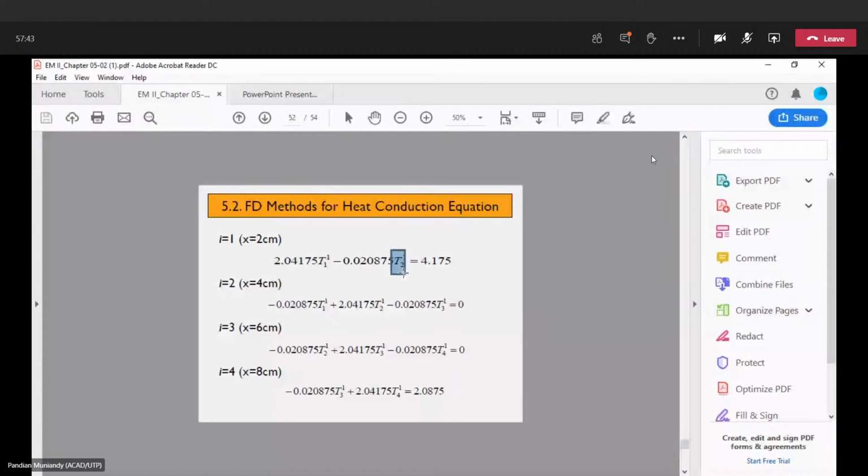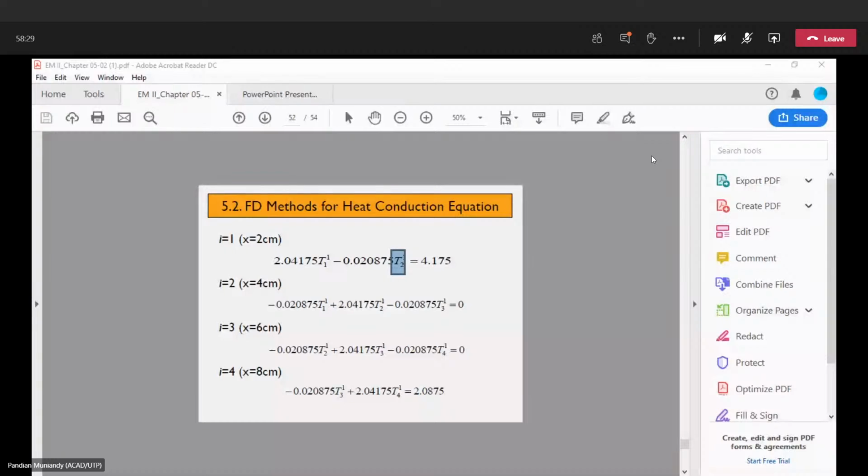You calculate T11. So what is the answer, class? Iteration 2, but still we are calculating T11. 4.175 plus 0.020875, the T12 now becomes 0.02091, divided by 2.04175. So you give us the answer. What is the answer for T11? Now we are doing iteration 2, but temperature T11.